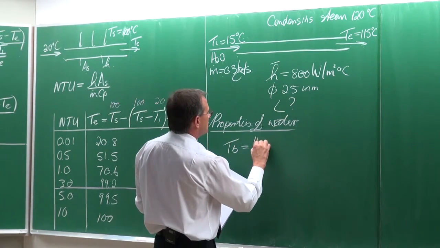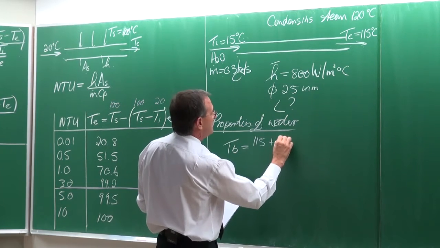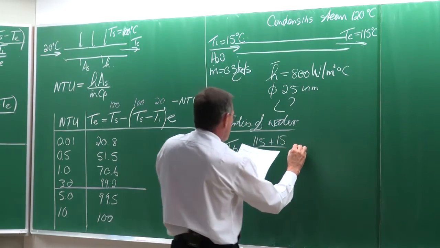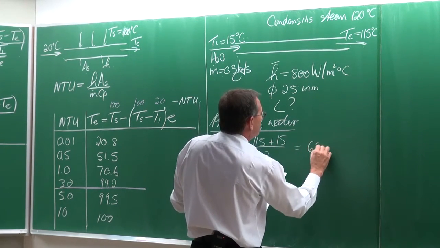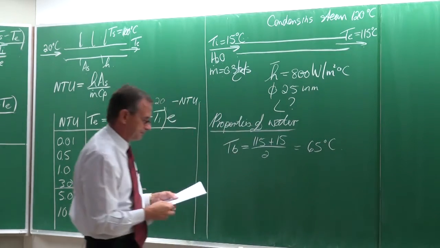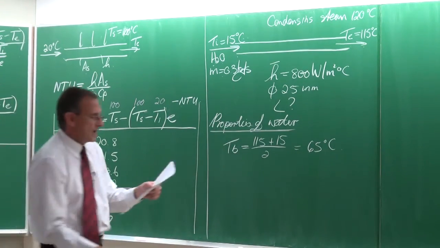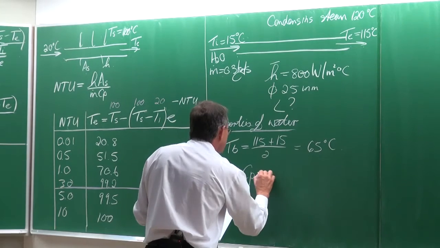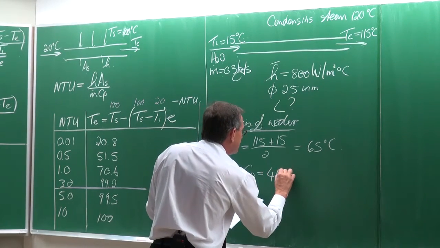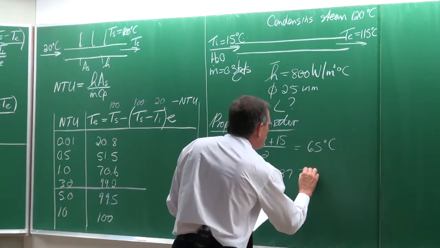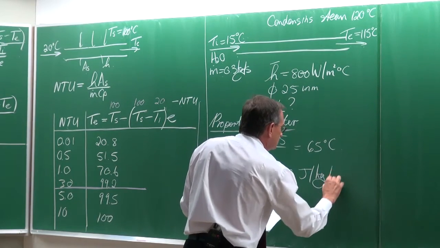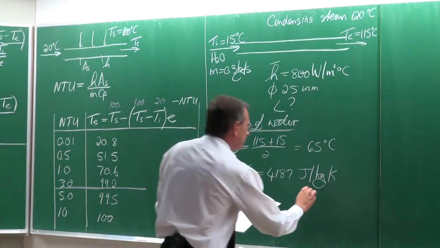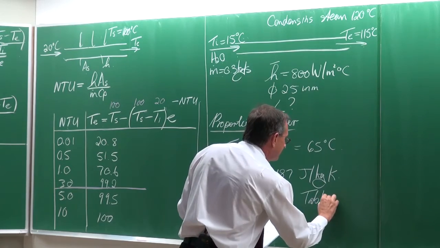The bulk temperature is 115 plus 15 divided by 2, and that is equal to 65 degrees Celsius. Now at 65 degrees Celsius, the Cp value of water is equal to 4187 joules per kilogram Kelvin, and you can get that from table A9.